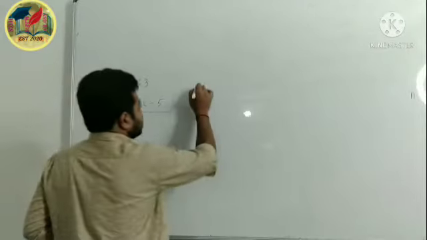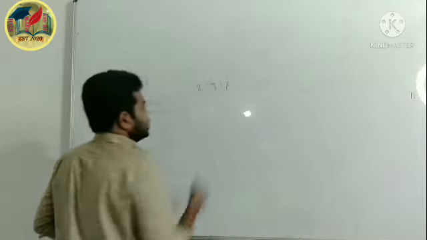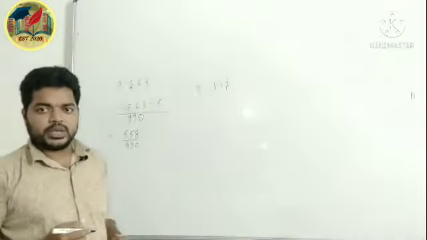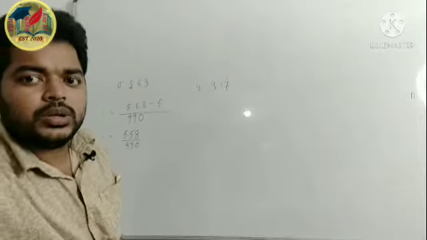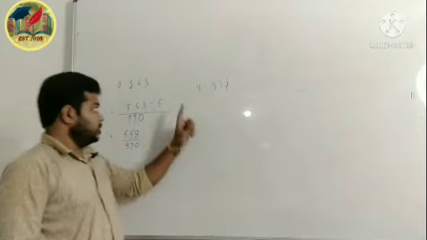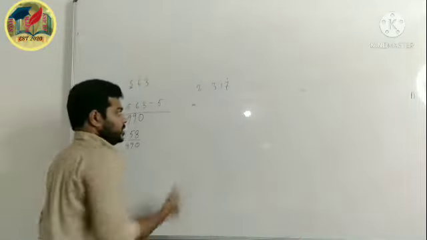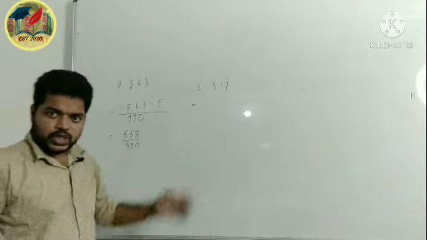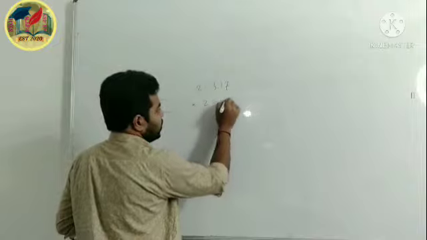Similarly, suppose we consider 2.317 and 17 is with recurring. Clear? We transfer this recurring number to common fraction. So first step is without recurring, without decimal, we write total number. Total number means 2317.